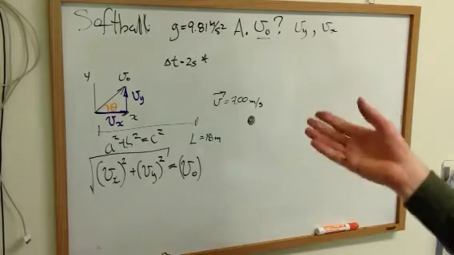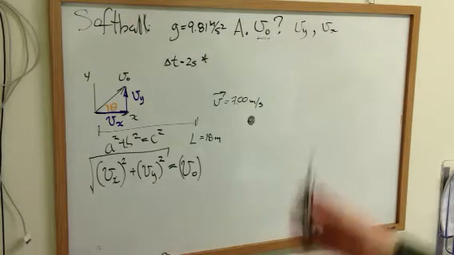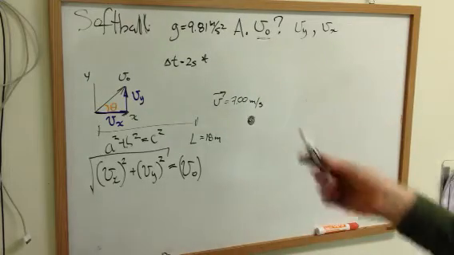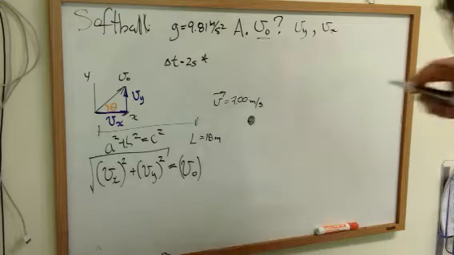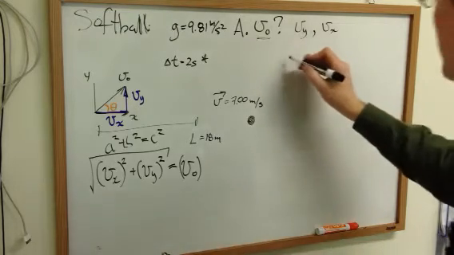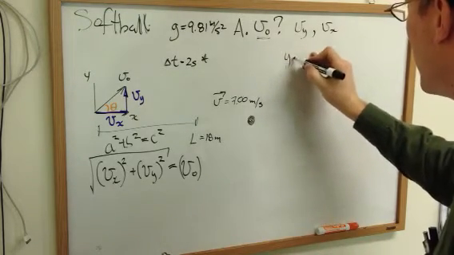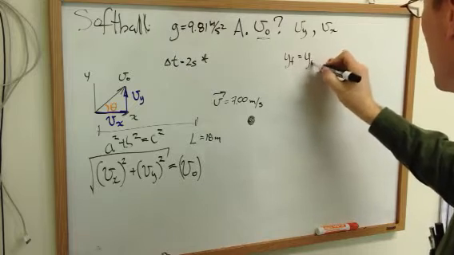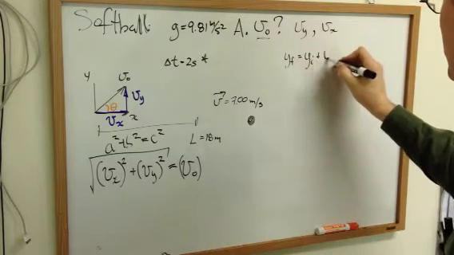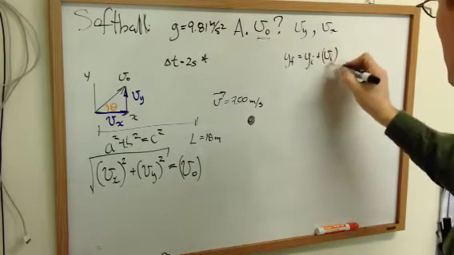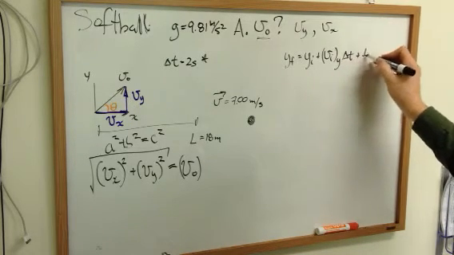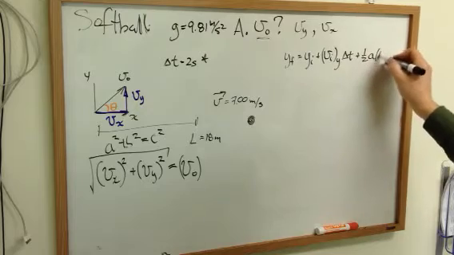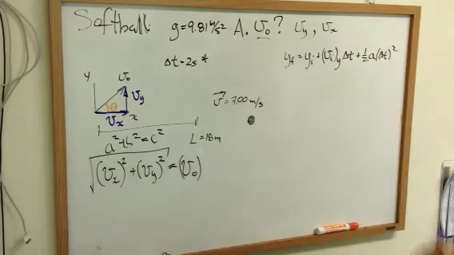Quite simply, how fast are you going upwards if it takes 2 seconds to come back down? I think we're going to have to use y final equals y initial plus velocity initial in the y direction, delta t plus 1/2 a delta t squared for that.